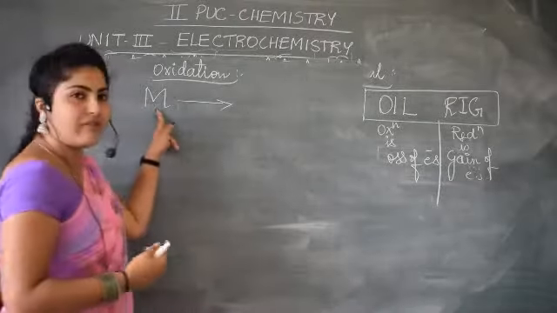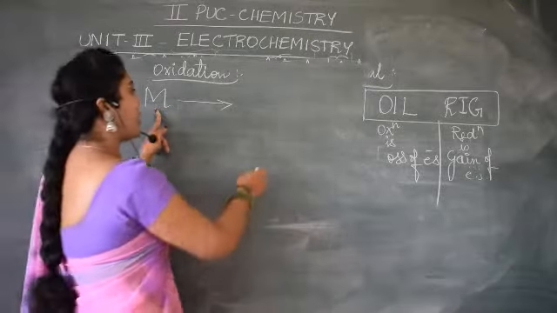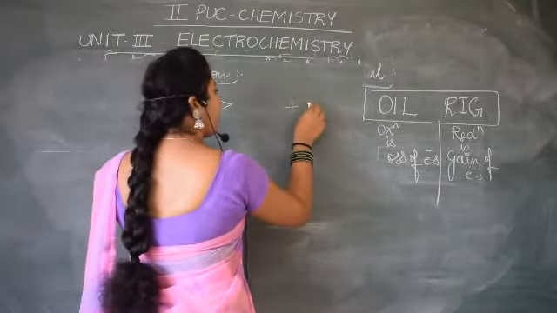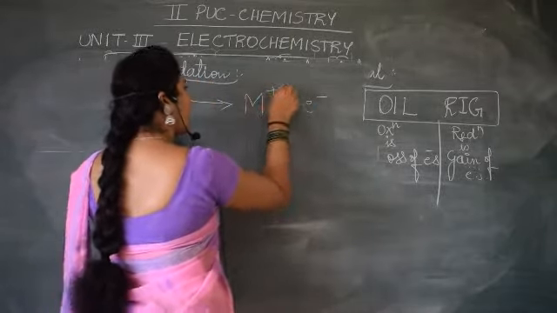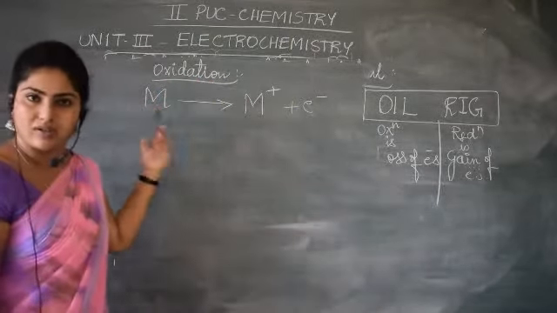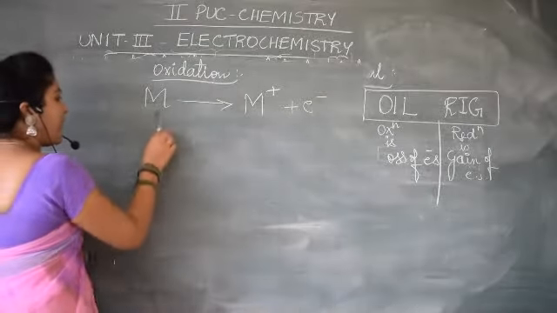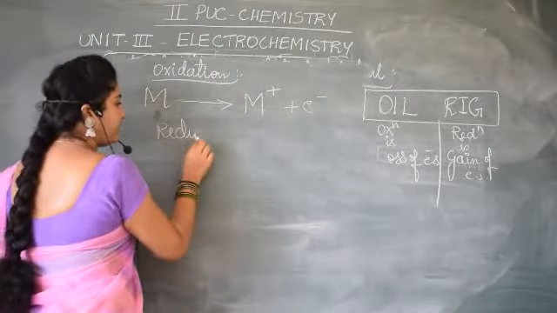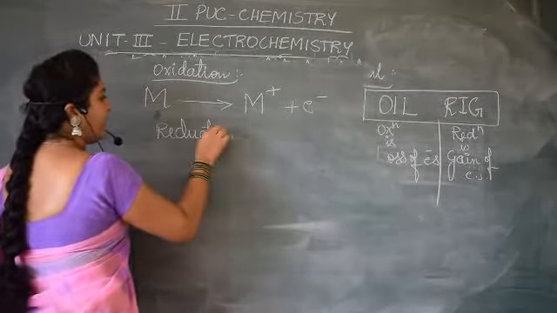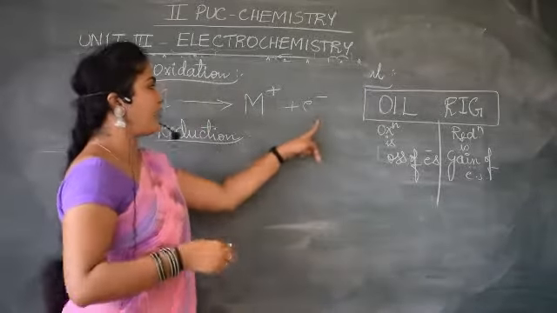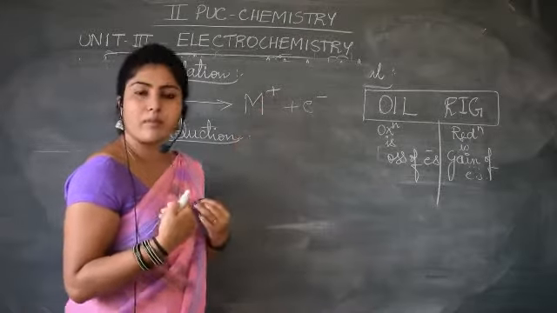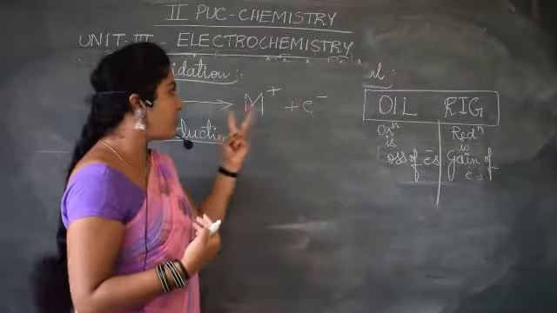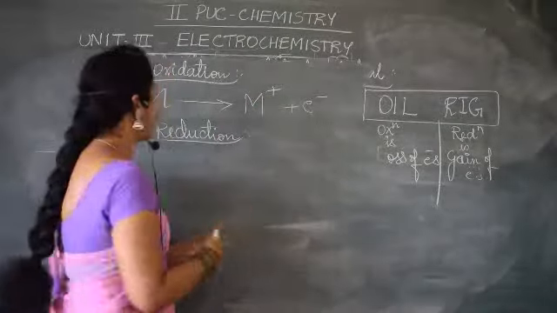So a metal, if it is undergoing oxidation, will lose electrons. If it loses one electron, it acquires a plus charge. This is oxidation. If it loses 2 electrons, it gains a 2 plus charge. That means it has lost 2 electrons, so it became positive, 2 plus.